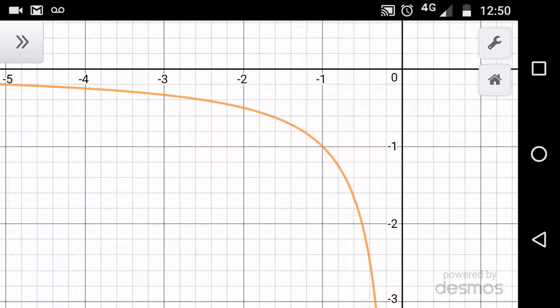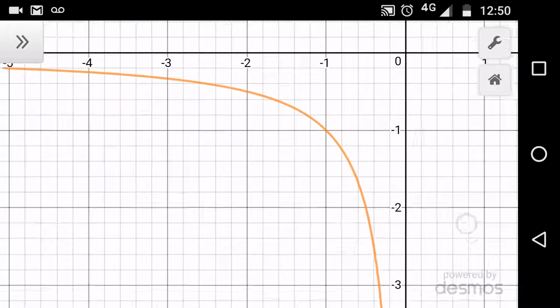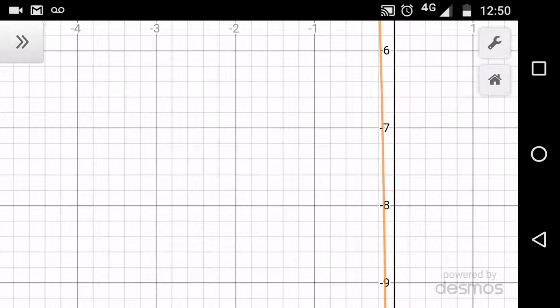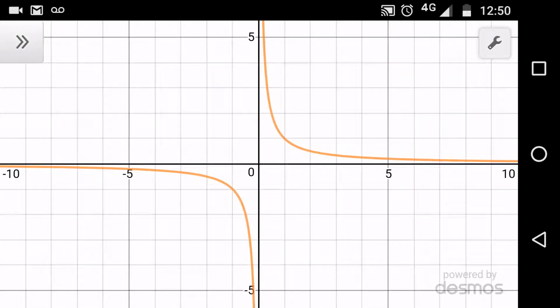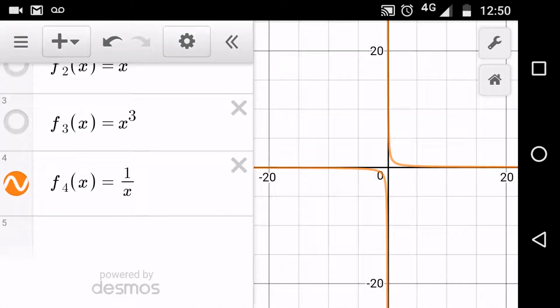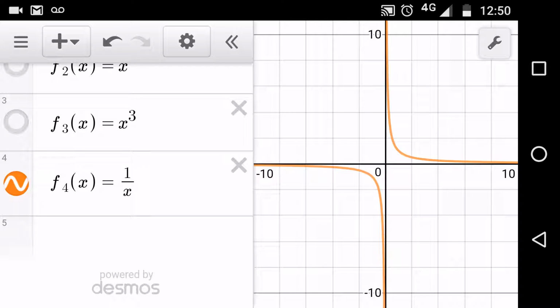You take numbers that are very close to 0 on the negative side and you get very high values of y but negative. And so if you look at it from a distance, what you're seeing is that this function is getting very close to the y-axis, but it never quite touches it because you can never assign a 0 there. Your function 1 over x doesn't include 0 in the domain. So that's your basic rational function.